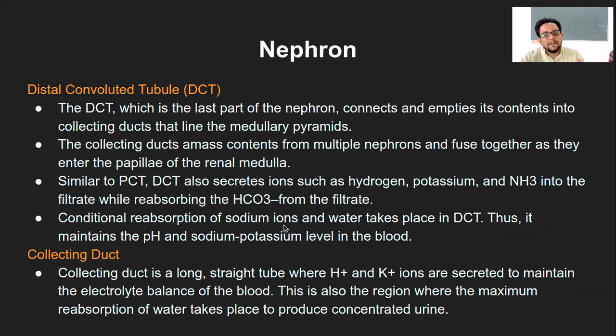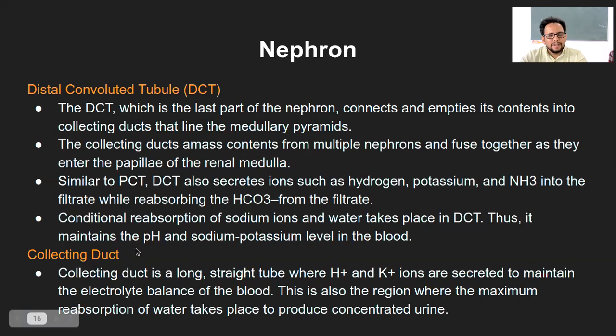But if there is more and more requirement of sodium and water, that's when the DCT also allows conditional reabsorption. And thus it also maintains the pH and the sodium and potassium levels within the blood. So that is the whole function of the distal convoluted tubule.